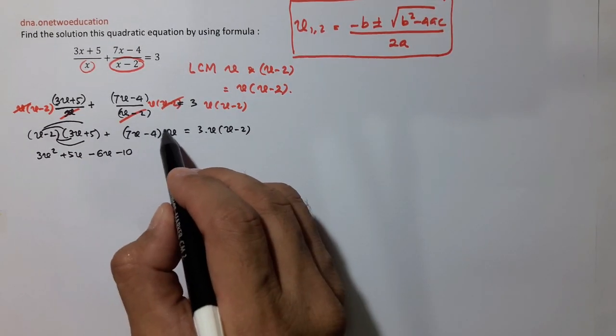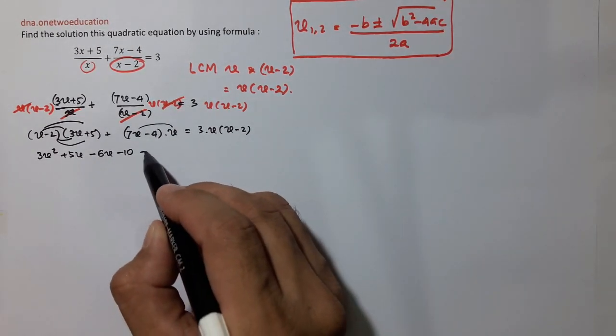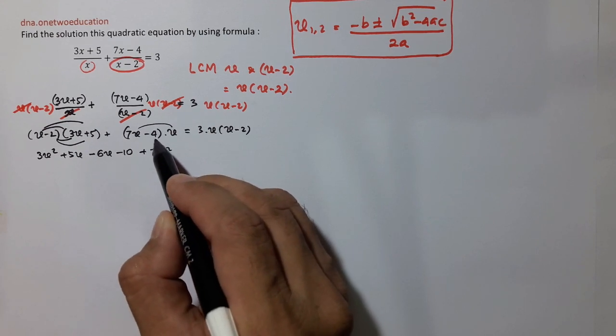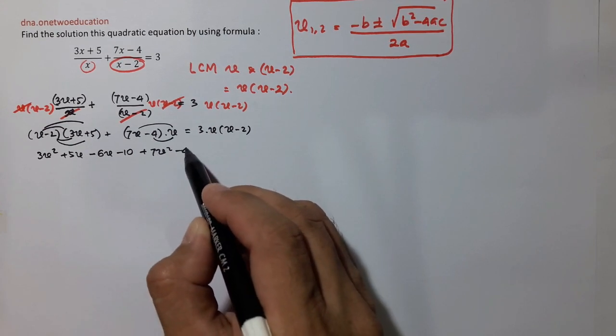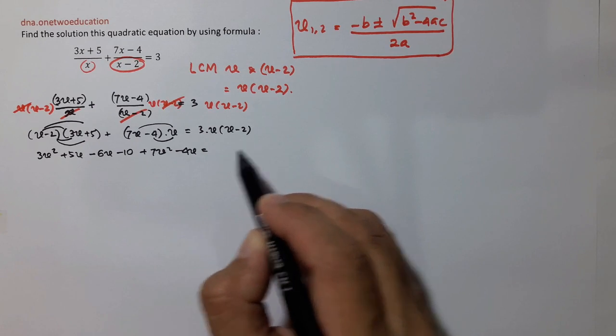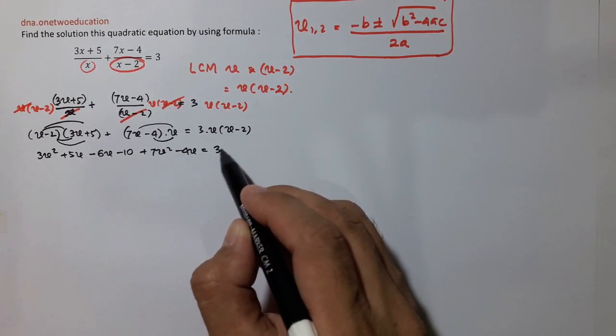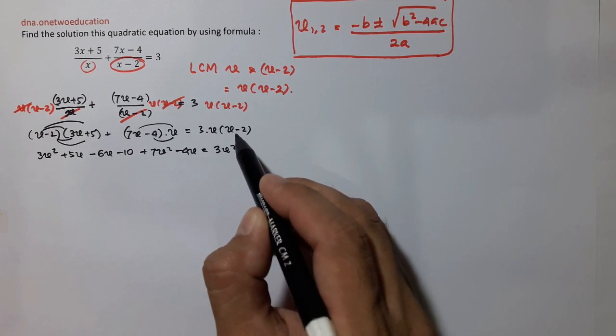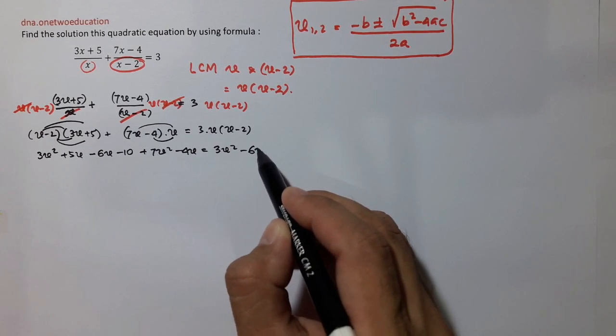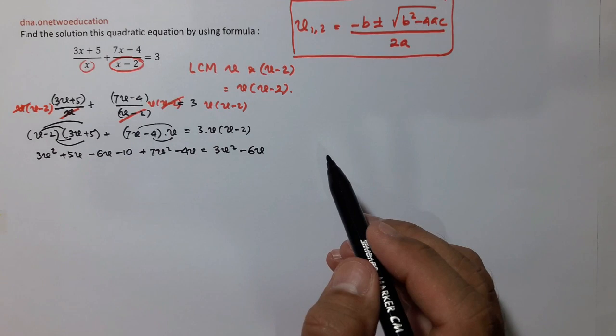Next, this one again here, plus 7x squared, this one minus 4x, equal 3x times x, 3x squared, 3x times minus 2, minus 6x, right?